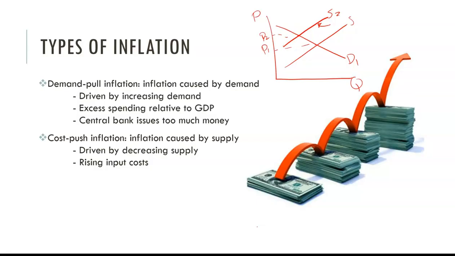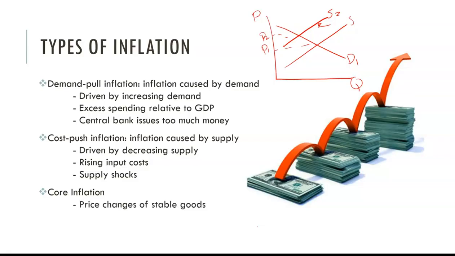So land, labor, capital, some sort of resource in the factors of production is becoming more expensive. Sometimes this can happen with a supply shock, which is a very sudden, sharp decrease in the supply of one or more items. In the US, typically this happens with oil. If we have a sharp decrease in oil, supply shifts to the left, causes prices to go up, causing inflation in the economy.